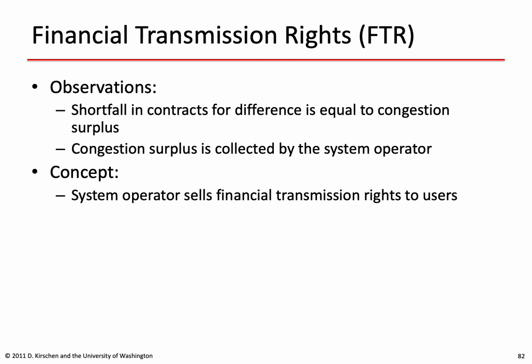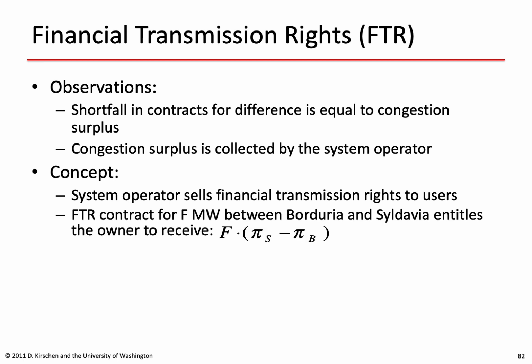And these financial transmission rights are essentially a contract between the system operator and the users. If I purchase a financial transmission right contract for F megawatts between Borduria and Syldavia, this contract entitles me to receive from the system operator F times the price difference between Syldavia and Borduria.